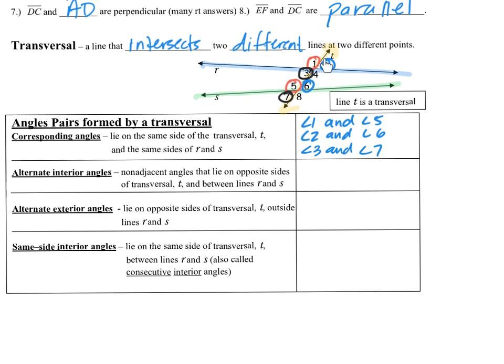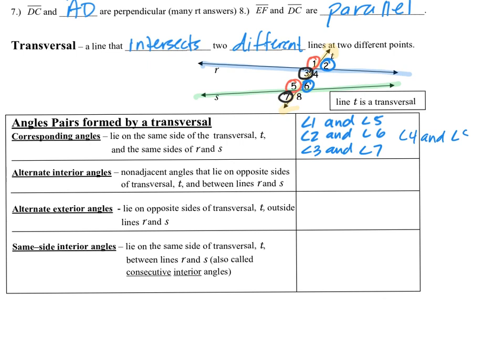If you think of these two little groups of 4 angles, they occupy corresponding positions because they're both to the right of the yellow transversal, and they're both below the lines being transversed. So angle 4 and angle 8. We'll add that to the list.